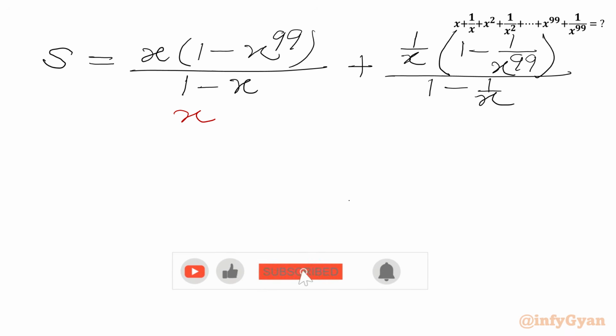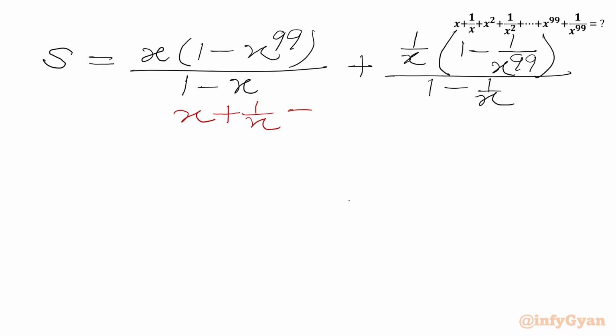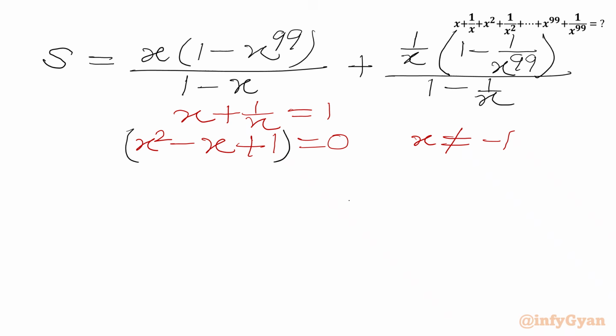Here it is. Now I will write our equation x plus 1 over x equal to 1. So I will multiply both sides by x. I will get x square minus x plus 1 equal to 0. For our equation, x cannot be equal to minus 1. Now we can multiply both sides by x plus 1.